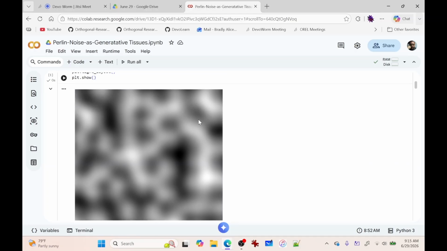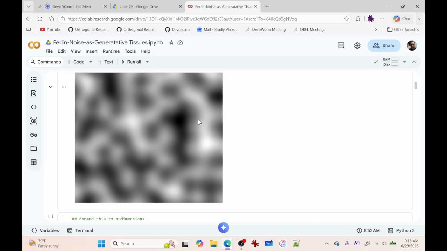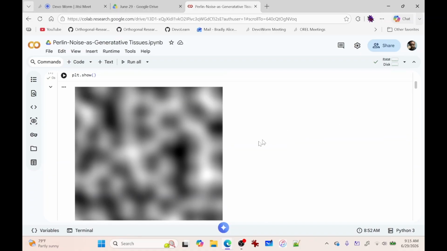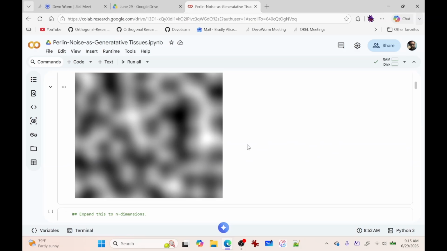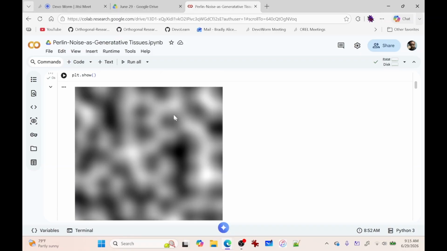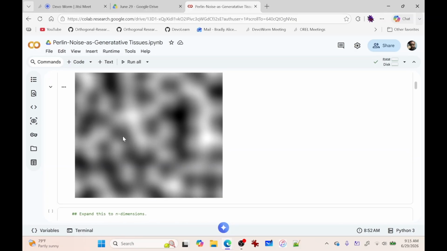And of course, this is what we're describing in the chapter as an analog to biological tissue. You can see that it's this non-uniform type of noise. It has these structures within it. They might look like areas of cells; you could describe tissue in this way.